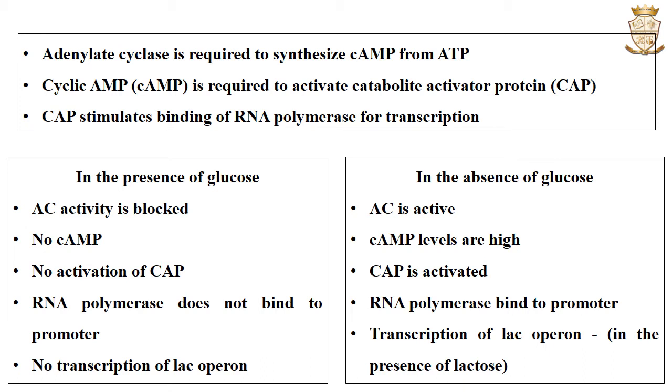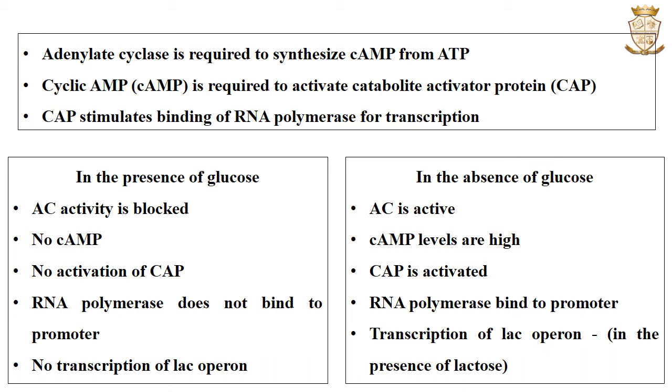So, if there is no catabolite activator protein, then the RNA polymerase cannot bind to the promoter site in Lac Operon, and as a result, the Lac Operon will not be transcribed. There is no initiation of transcription of the Lac Operon. This happens in the presence of glucose.